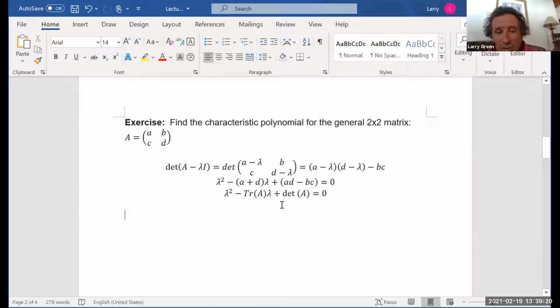Whereas if the trace squared minus 4 times the determinant is negative, then you get 2 complex roots and 2 complex eigenvalues. And if the trace squared minus 4 times the determinant equals 0, then you get a repeated root, a single eigenvalue.